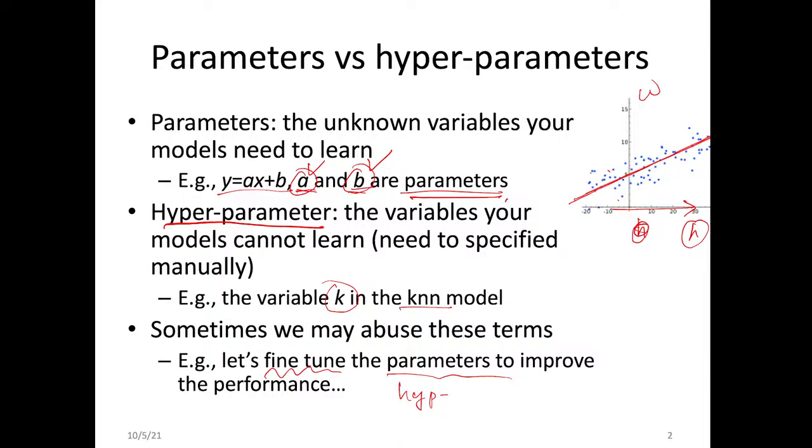Based on the context, you should know that this parameter actually means hyperparameter. Sometimes we abuse these terms, so you need to decide what the word parameter means based on the context.